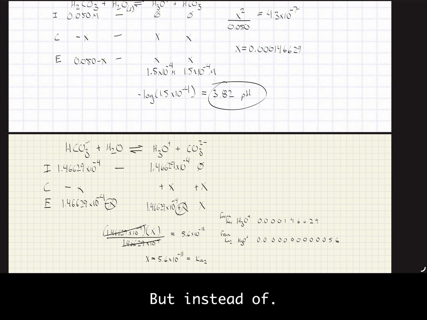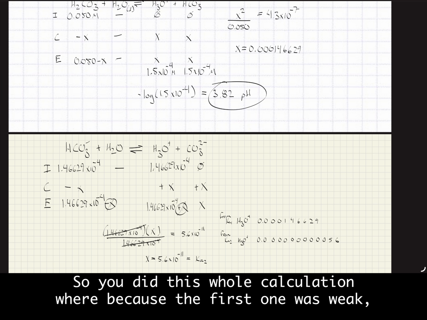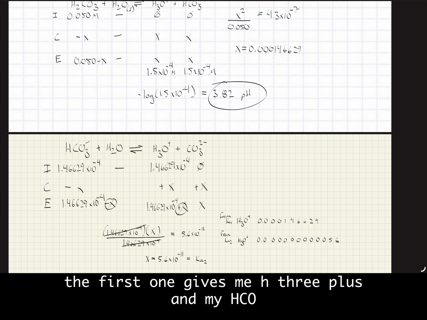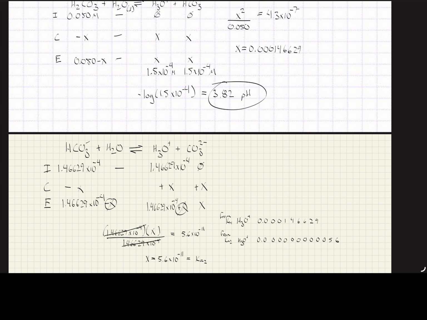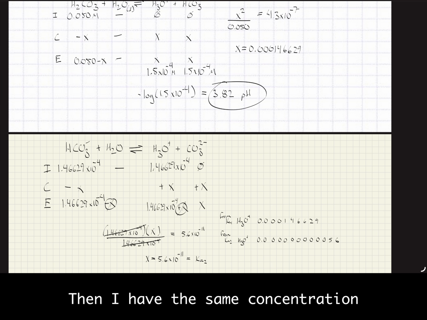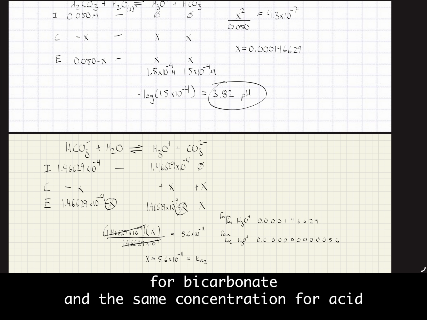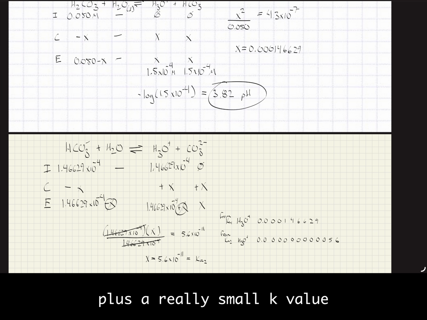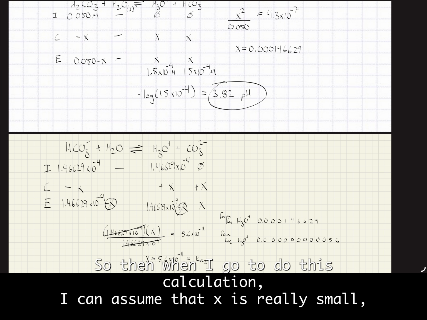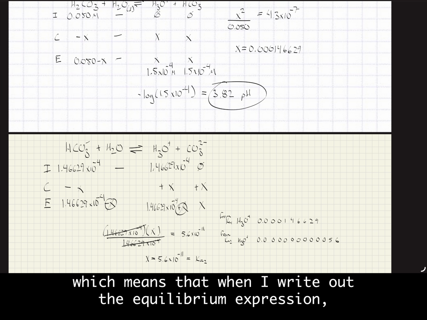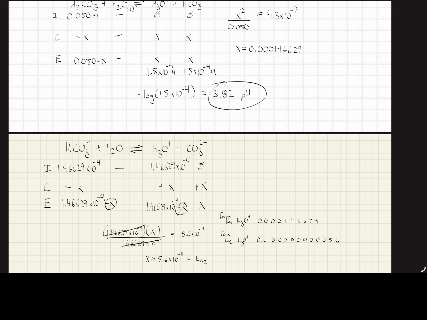But instead of, so we did this whole calculation where because the first one was weak, the first one gives me H3O plus and my HCO3 minus, or bicarbonate. Then I have the same concentration for bicarbonate and the same concentration for acid, plus a really small K value, 5.6 times 10 to the negative 11. So when I go to do this calculation, I can assume that x is really small, which means that when I write out the equilibrium expression, those concentrations cancel each other out.